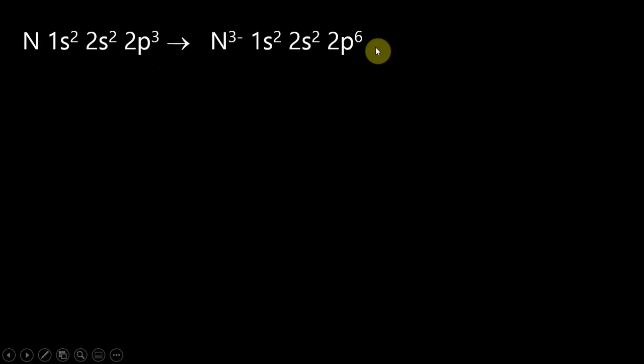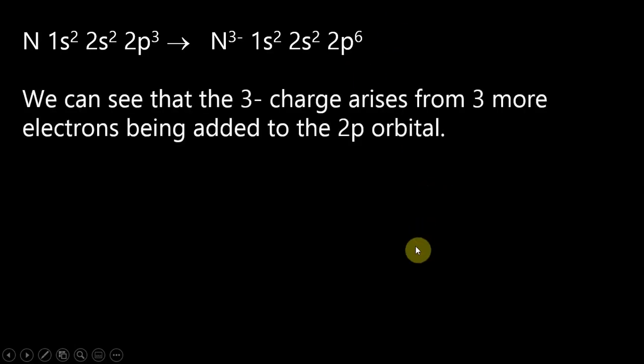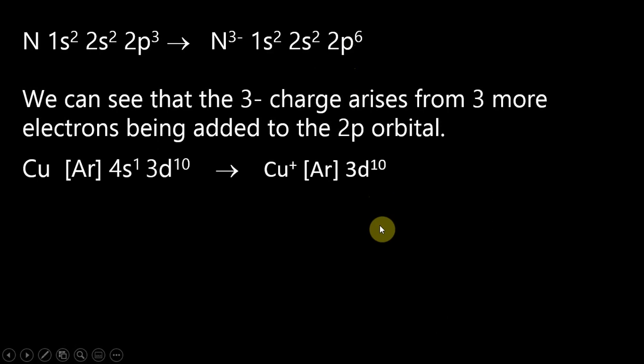So if we put 3 more in there to fill it, now we have our full 2s, 2p orbitals, and so that means that we have the N3- ion. And again, that gives us a stable configuration. So that's where that 3- charge comes from, because we've dropped in 3 extra electrons to fill up that p orbital.